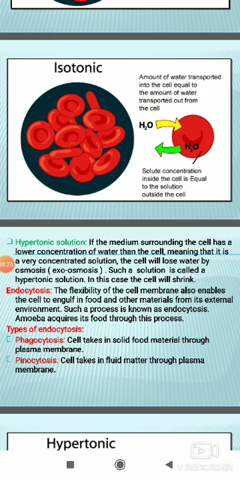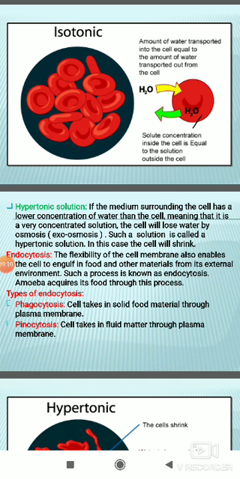If the cell takes fluid matter through the plasma membrane, such a phenomenon is said to be pinocytosis. So endocytosis is categorized into two, phagocytosis and pinocytosis, based on the type of material it is taking in. If it is solid food, it is phagocytosis, and if it is liquid or fluid, it is said to be pinocytosis.